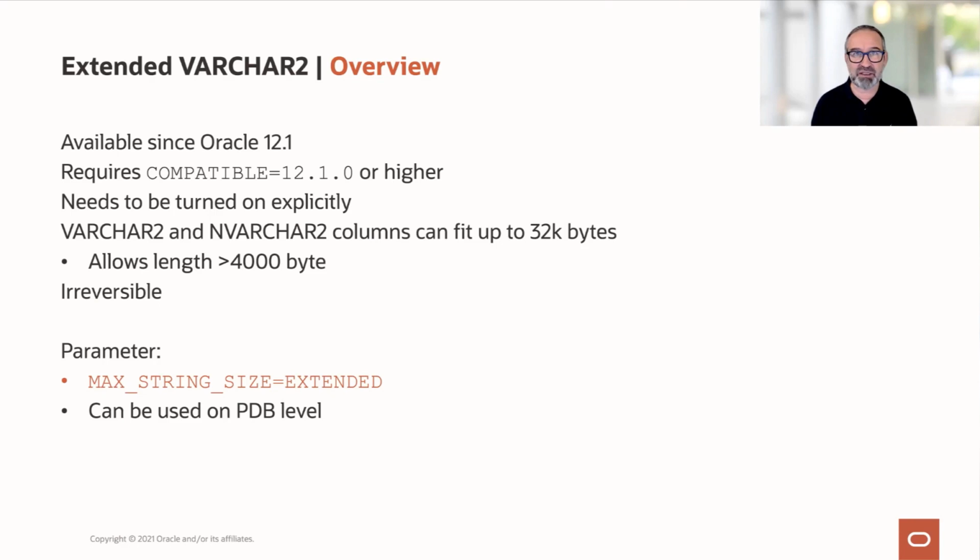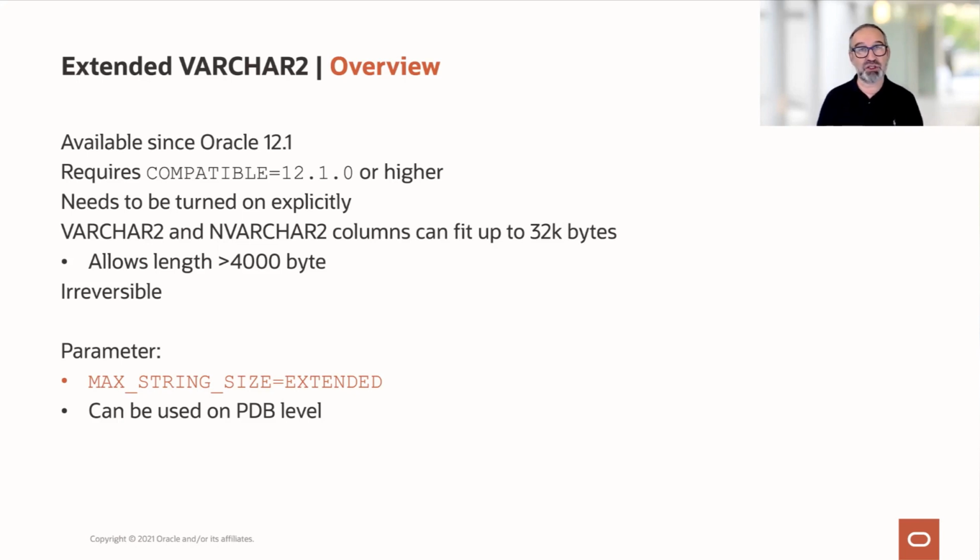I haven't checked the other cloud deployments, but I can just sense that it's on there as well, and it's quite useful. When you turn this on, it's irreversible, so you have this now in your database and can't turn this off. The parameter controlling it is max string size. By default, it's set to standard.